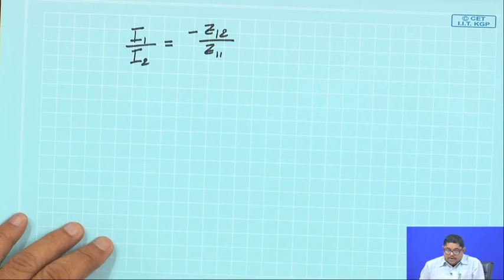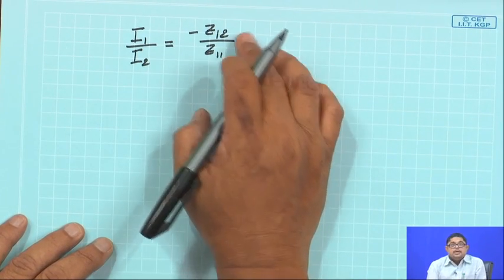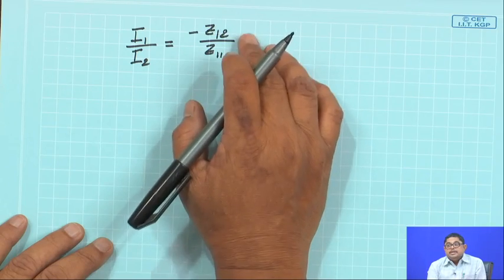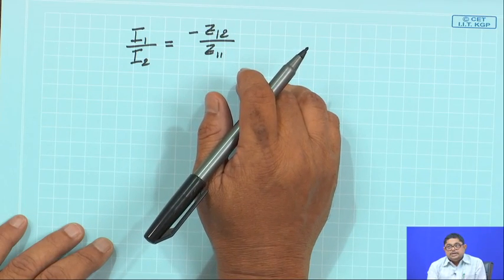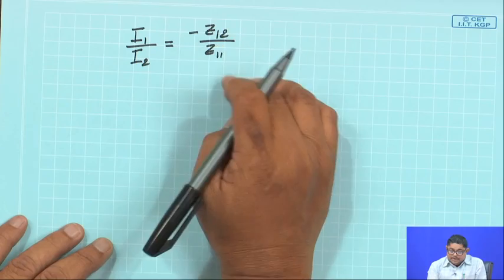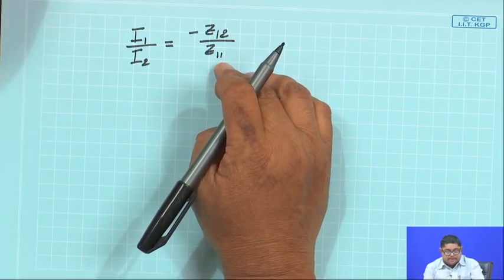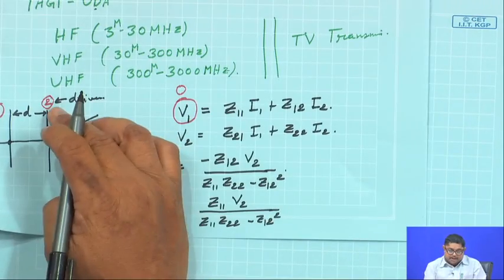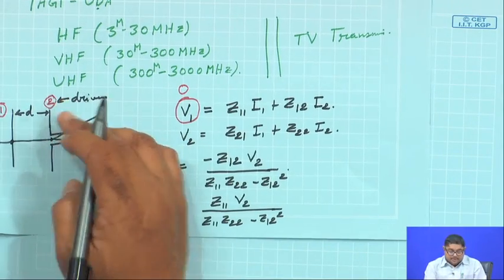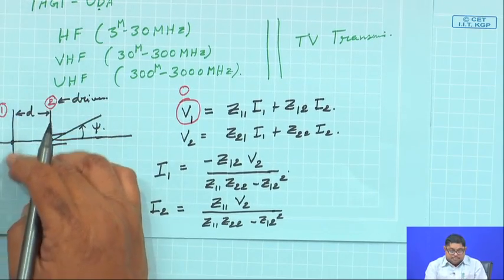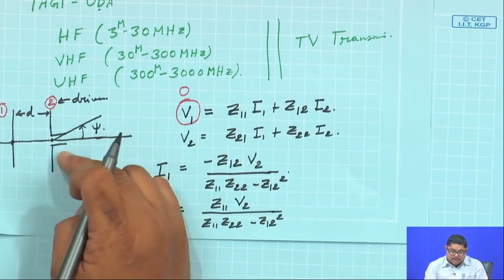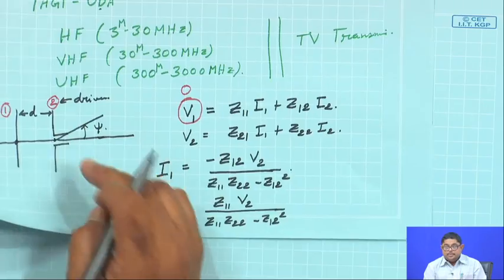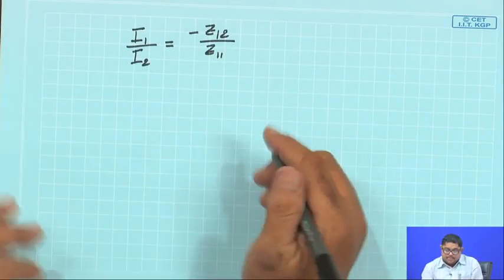Okay. Now, these two are complex impedances, because these are the self impedance of the first radiator and the mutual impedance Z 12 of this radiator when it is driven, with the minus.